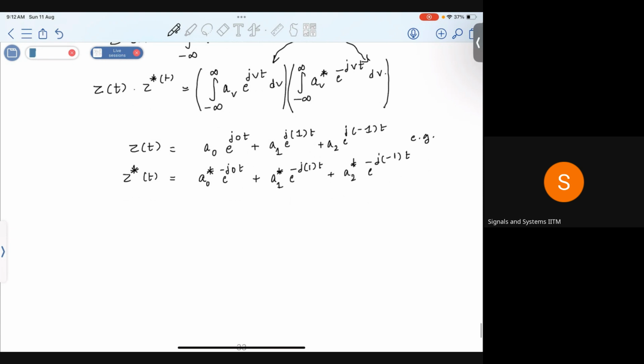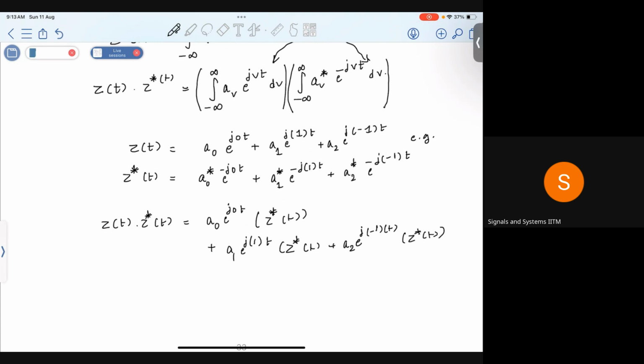When you have to multiply these two things, how would you do that? Every component is multiplied with every other component, right? So a0 e^(j0t) into z star of t, plus a1 e^(j1t) into z star of t, plus a2 e^(-j1t) into z star of t.